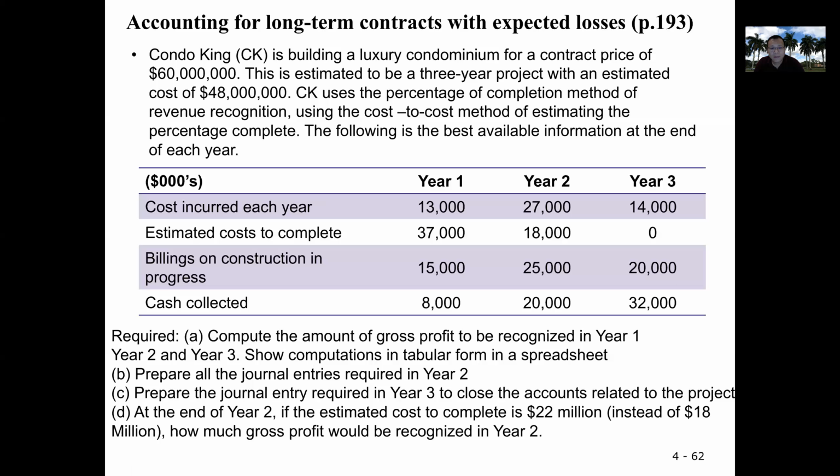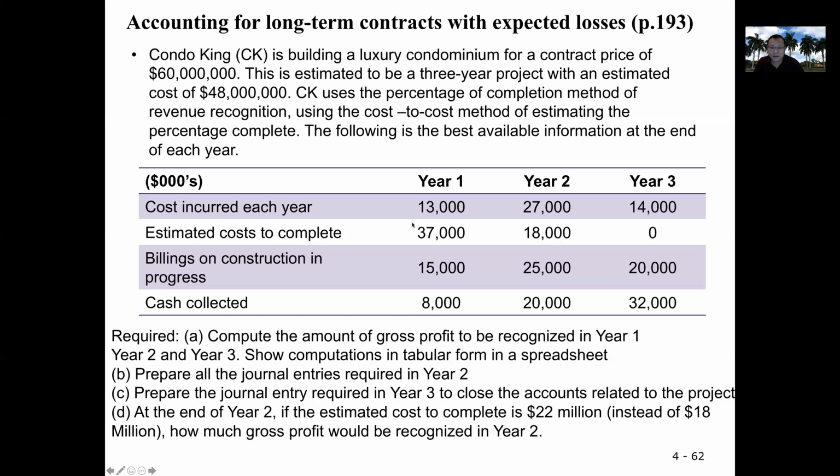For each year, we are provided with the year-end information, such as the actual cost for that year, the estimated cost to complete at the end of that year, and billings on construction, how many bills the company has sent to the customer, and also how much cash has been collected by the end of the year.